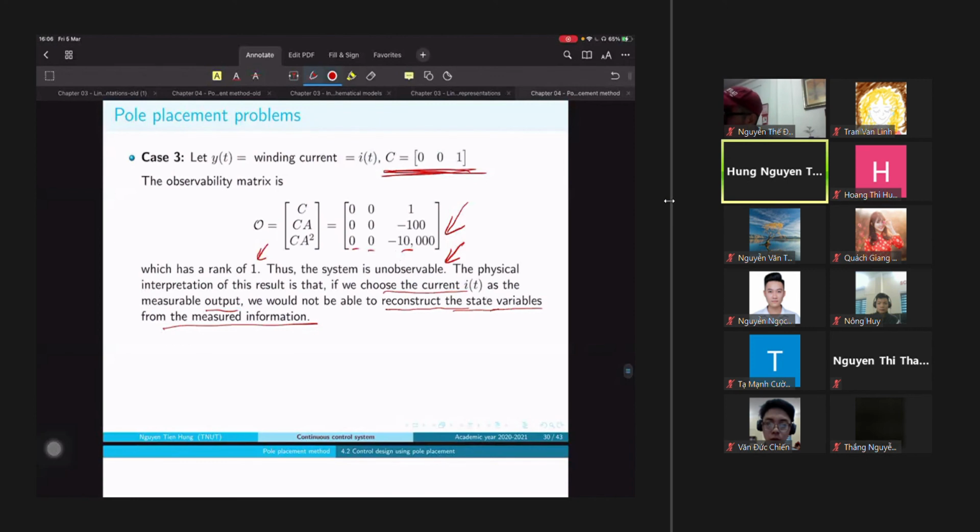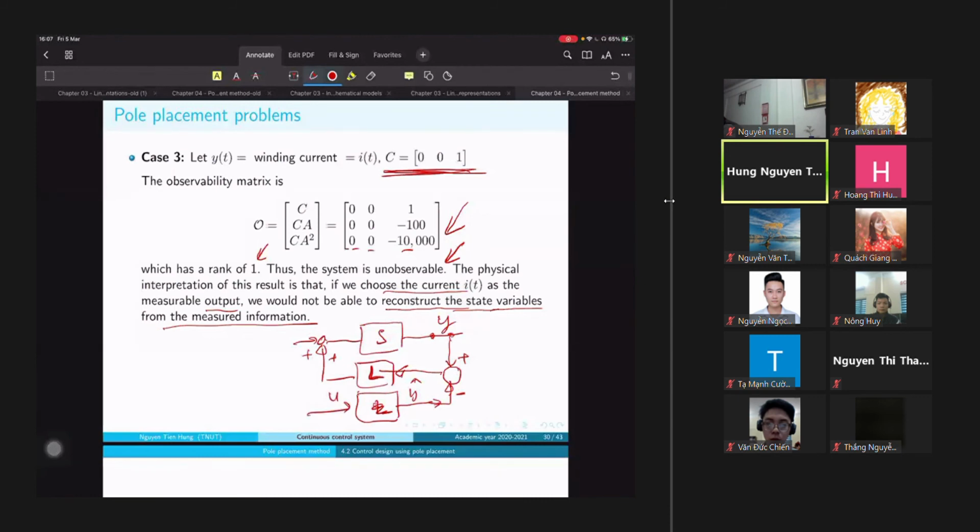We have the system S, and its output y, and you design an observer here, denoted as the Luenberger observer, with its output y hat, which we compare with the output y, and the gain L is here. This also takes the input u.